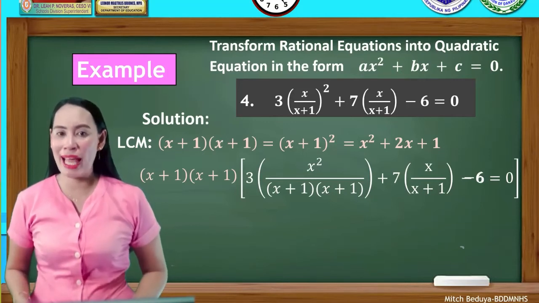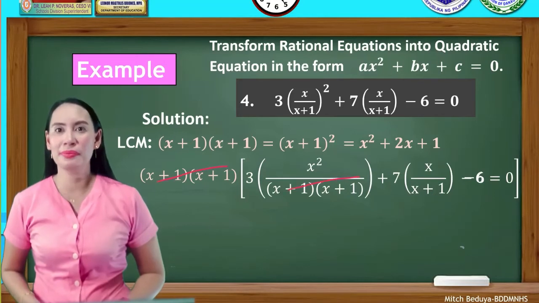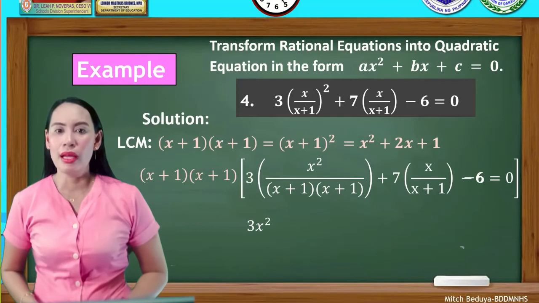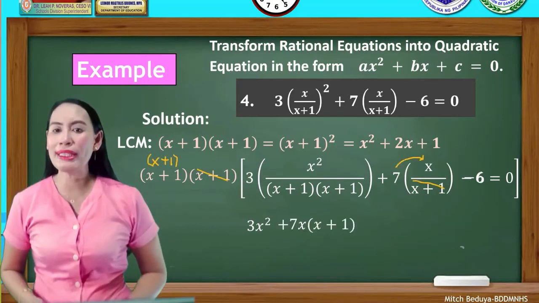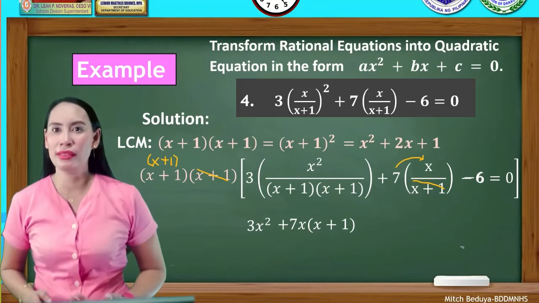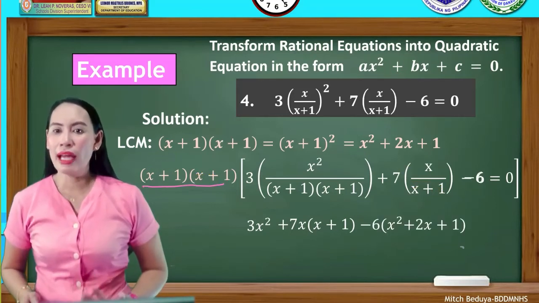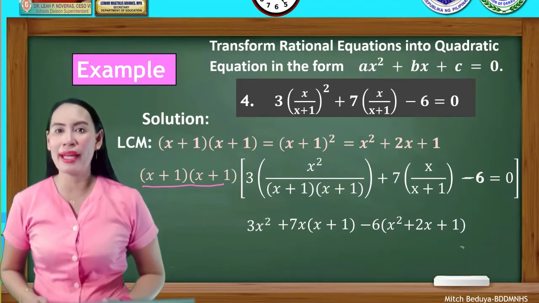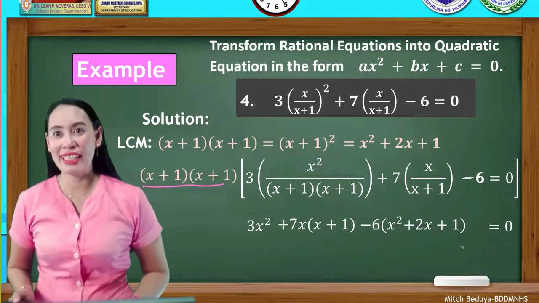So, this becomes 3x squared plus 7x times the quantity x plus 1 minus 6 times the quantity x squared plus 2x plus 1 equals 0.